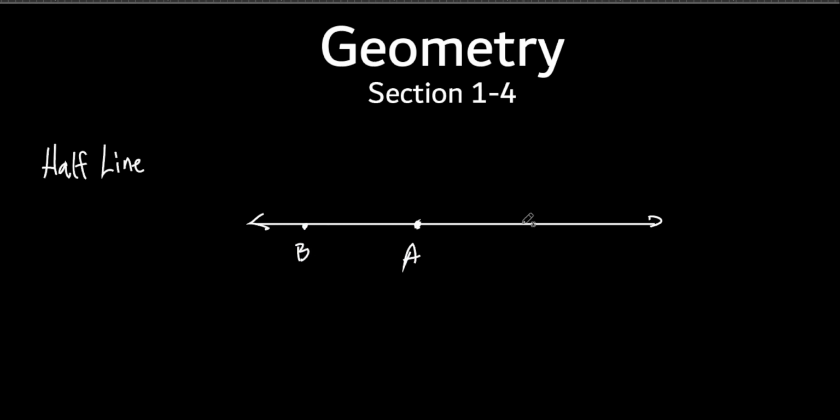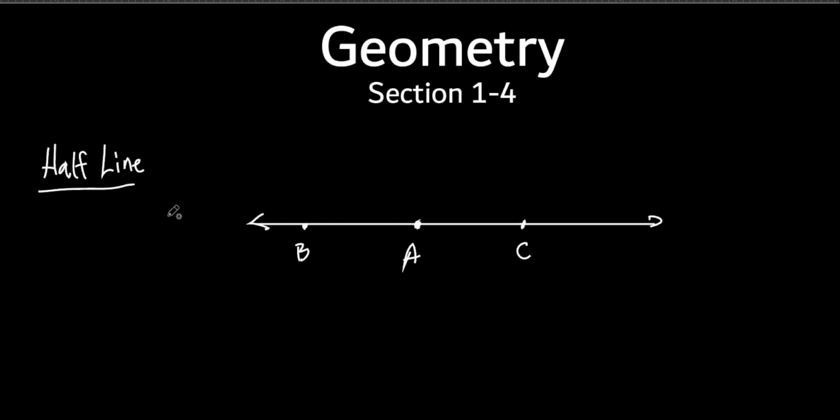It doesn't have to go in order. And I'll call this C right here. That's good enough. And if we talked about a half line, it's all the points on a given side of a particular point. So if I say point A, that's the particular point. All the points to the right would be considered half of a line.